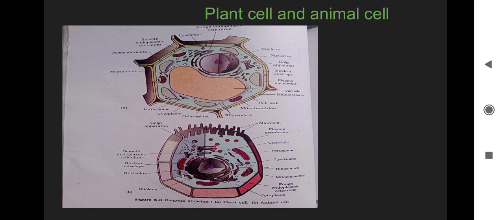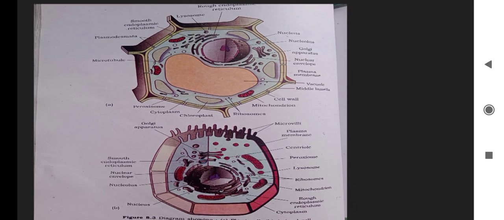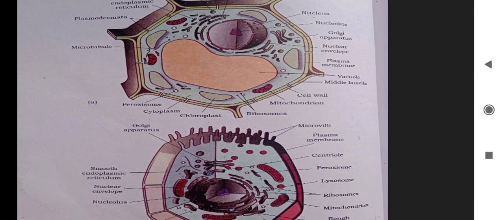If you watch this image, you will get to know that the cell wall is not present in the animal cell. The cell wall is only present in the plant cell. And for vacuole, the size of the vacuole in the animal cell is small, whereas in the plant cell it is very large.